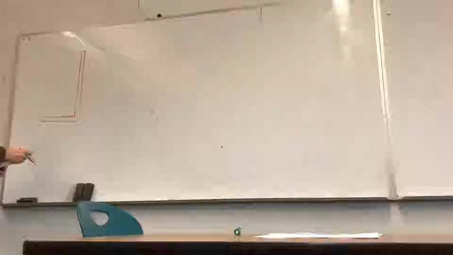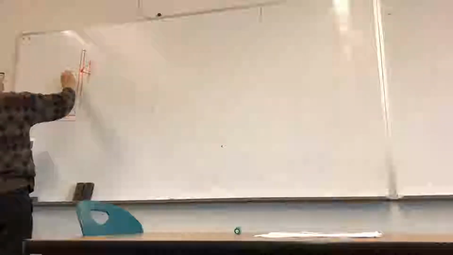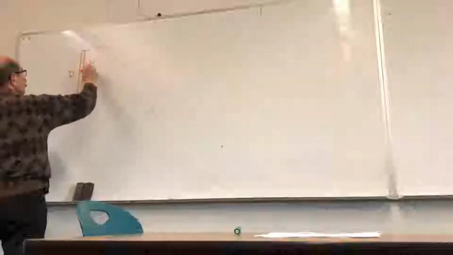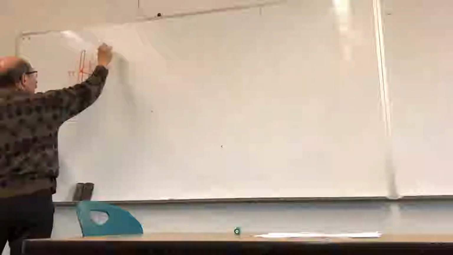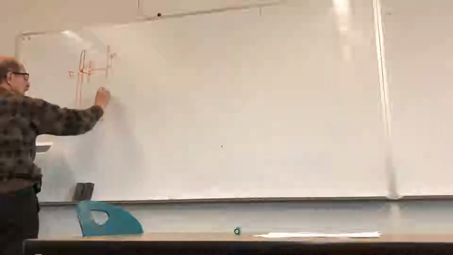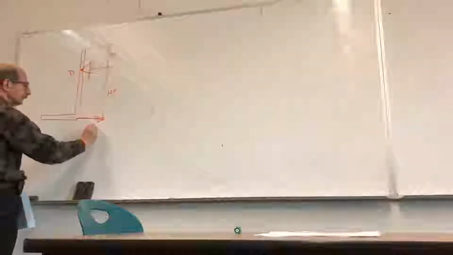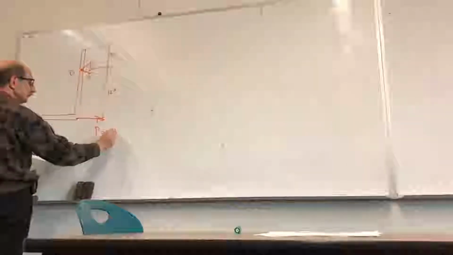You have a structure that looks like this, sort of an L-shaped beam or channel. It is connected to a pin at a point D, 3 inches from the top, 12 inches here. At this point, it is subjected to a force P, which is given as 90 pounds.